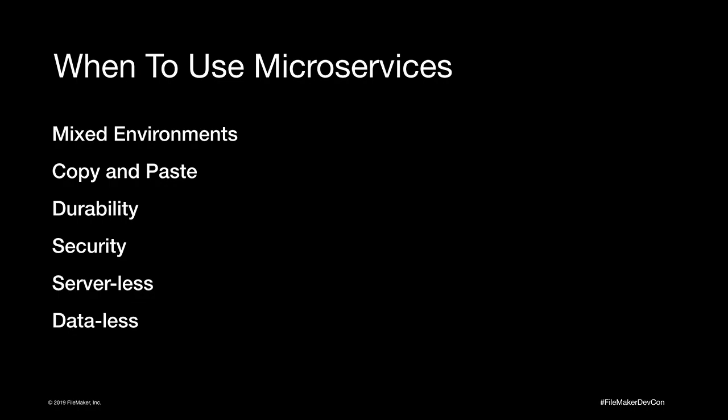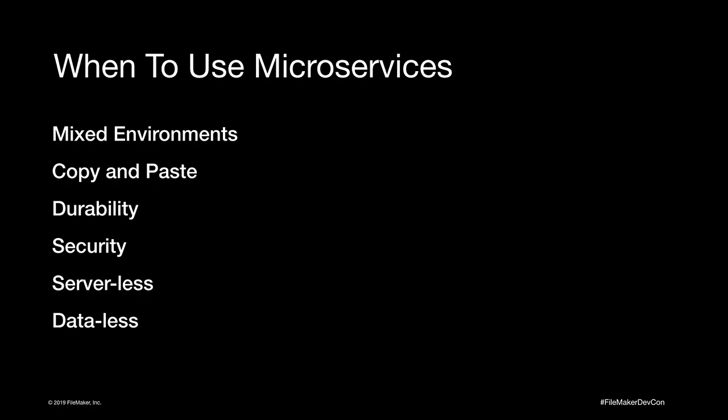So when you have mixed environments, like you're using DocuSign for signing your documents, but you're also using FileMaker for your CRM, and you're using MailChimp for your email campaigns, microservices work great because you can connect each one of those components together to build your full app experience.